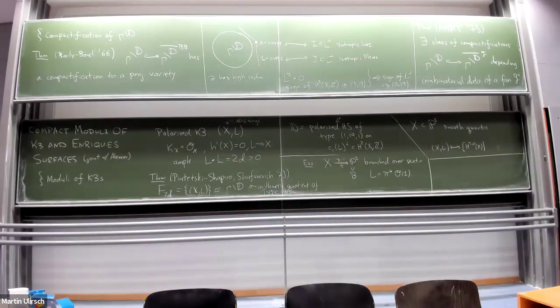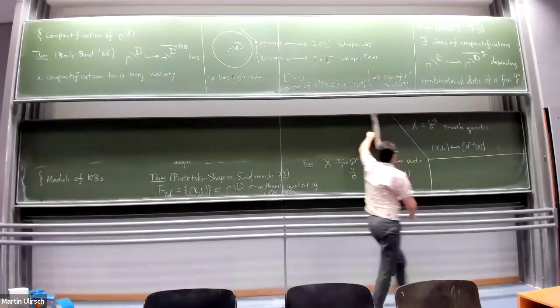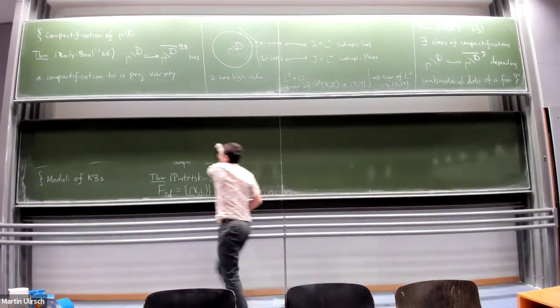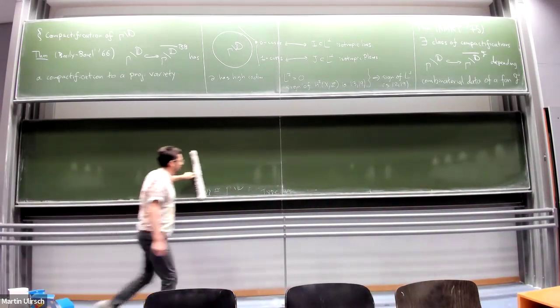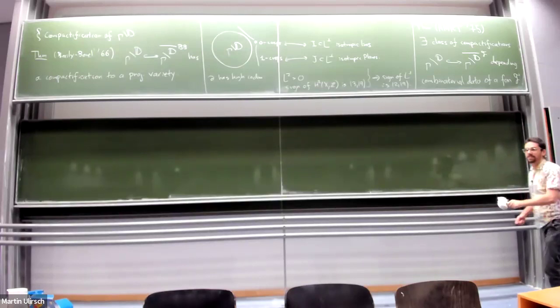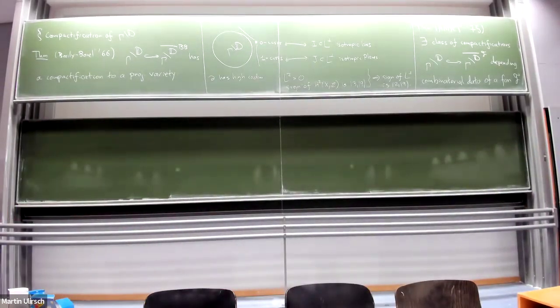This is how you know, this first part of the story about compactification of D mod gamma doesn't really have anything to do with K3 surfaces, right? It's just a way to compactify these arithmetic quotients of symmetric spaces.